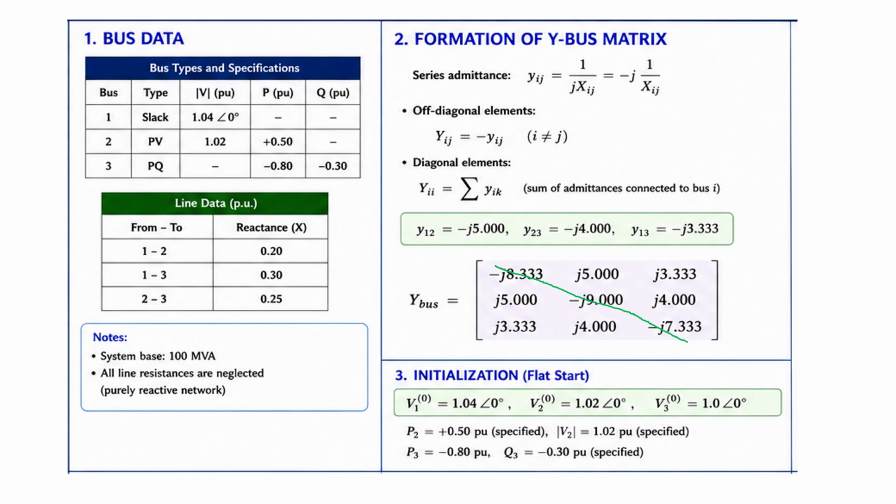If we add these, we'll get minus 8.3. Again, for bus 2, the components add up to give us the summation of 5 plus 4, which is 9. Again, for bus 3 also, Y13 and Y23 are added up to get 7.3.